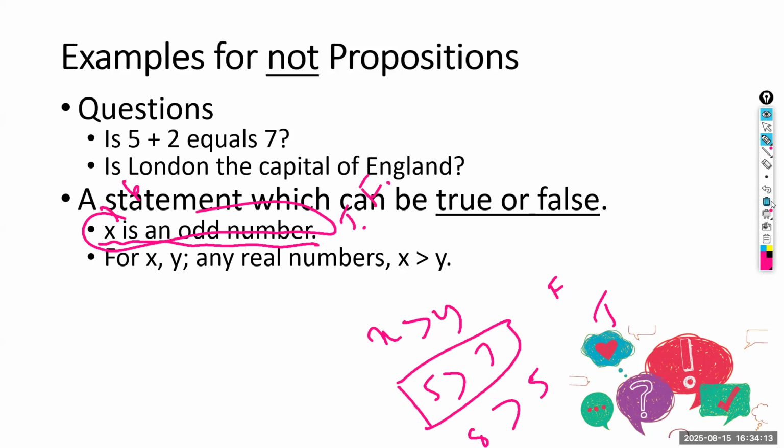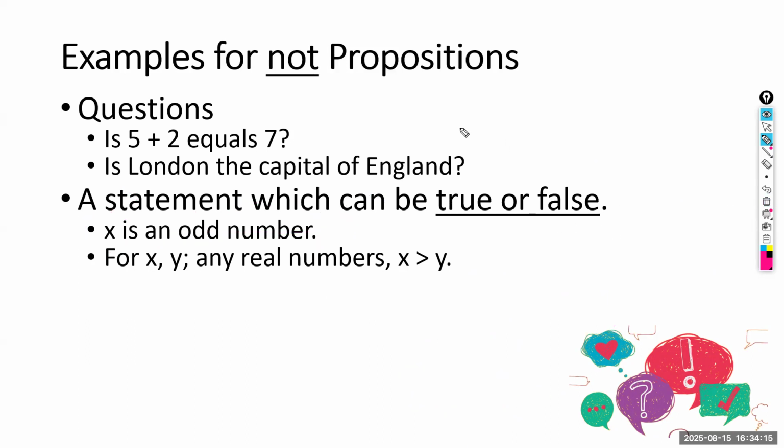Okay. So what about this? x is a real number. Real numbers are the numbers that we use in day-to-day life, like 10, 12, 3.5, -2, -2.85. Say x is a real number, x squared is greater than or equal to 0. Is it a proposition? Yes or no?